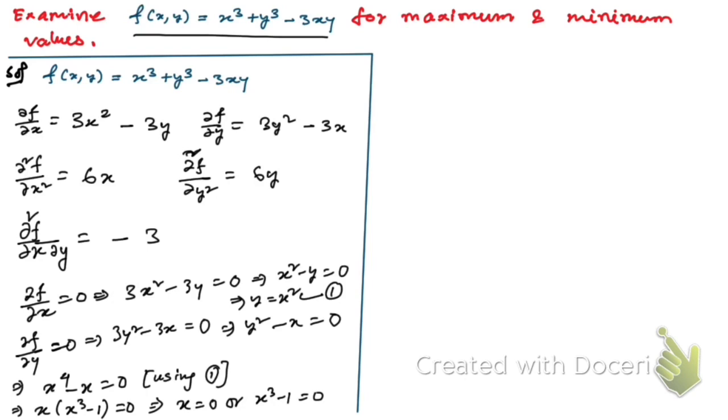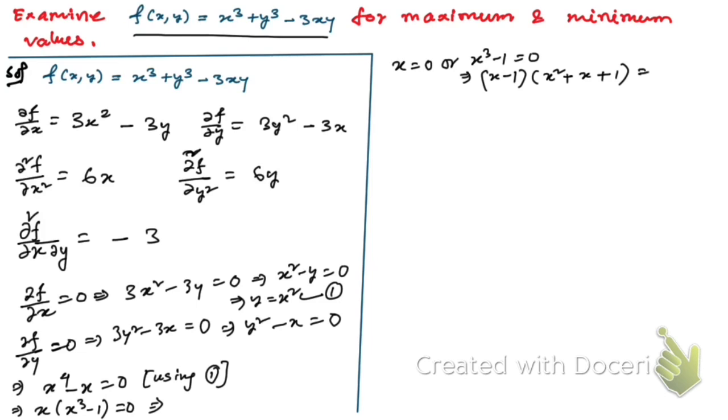Now you see, just wait, let me copy this last step. Okay, let me write here. So x cube minus 1 means what? If you apply here the a cube minus b cube formula, then you're gonna get a minus b, that is x minus 1, into a square, that is x square, plus ab, that means x into 1, that is x, then b square, that is 1 square, that is 1, is equal to 0.